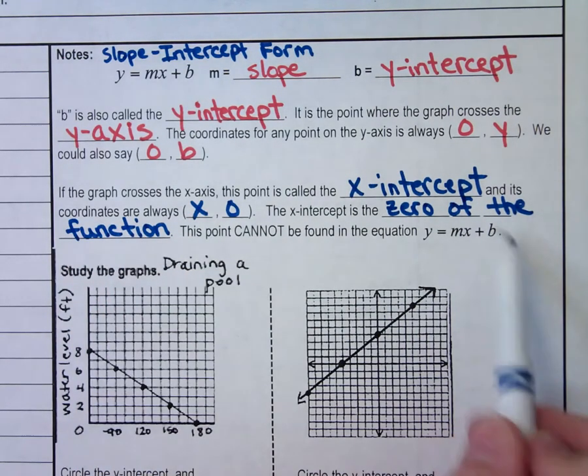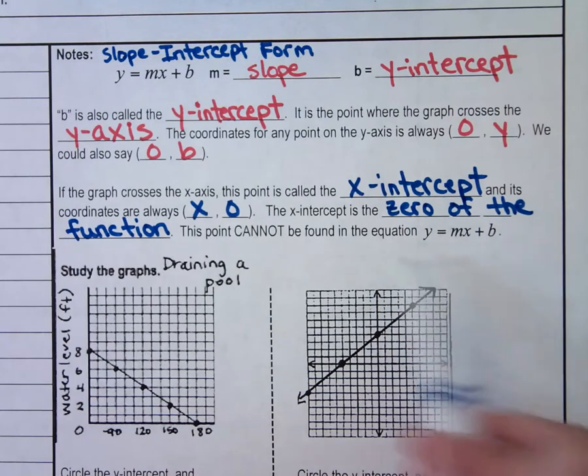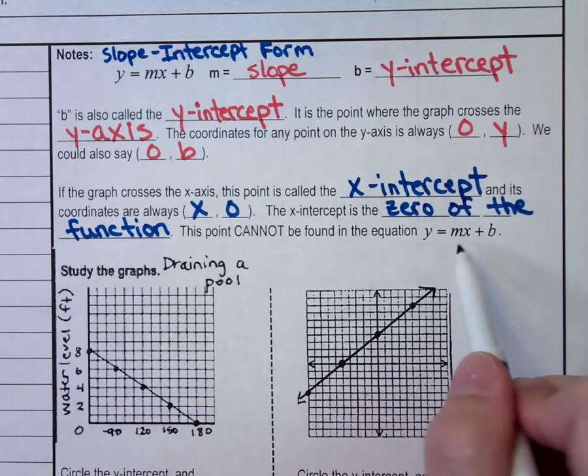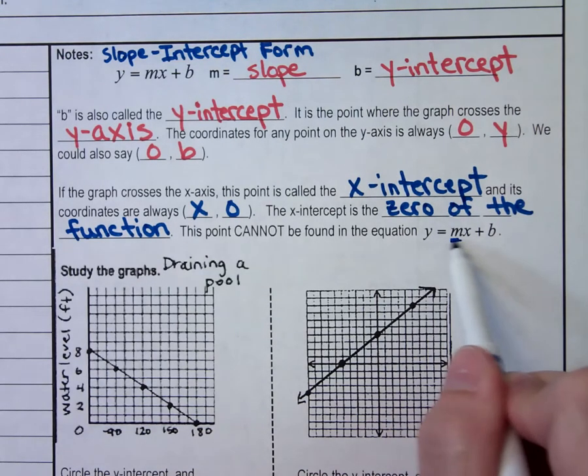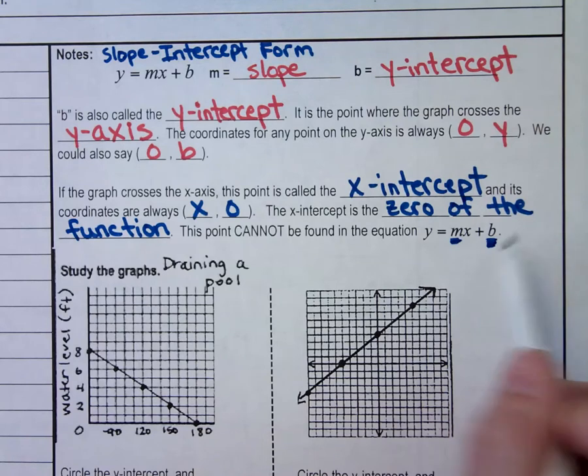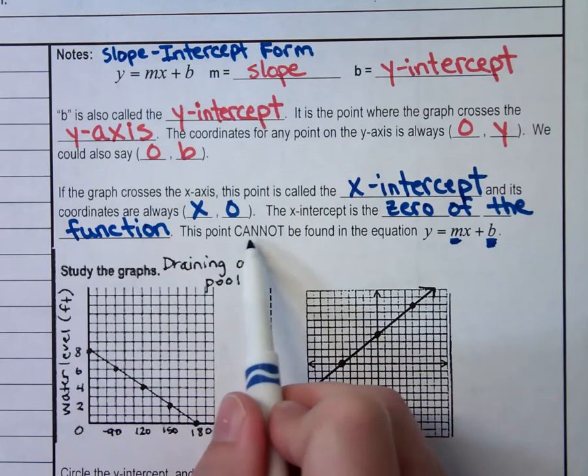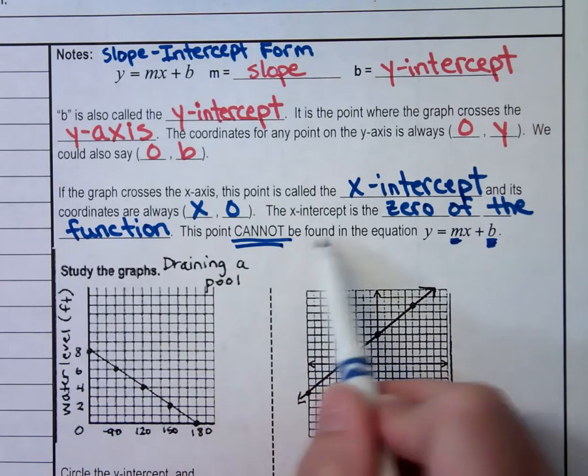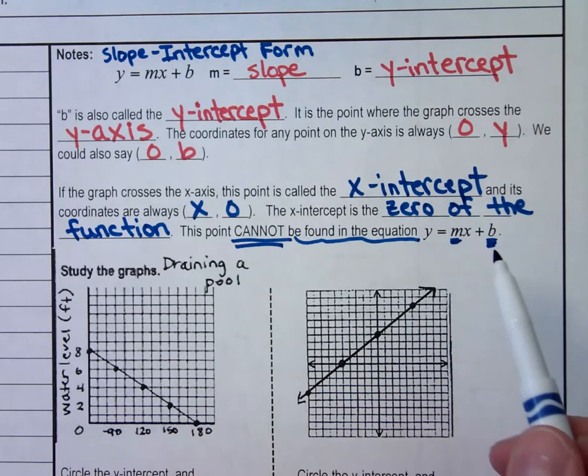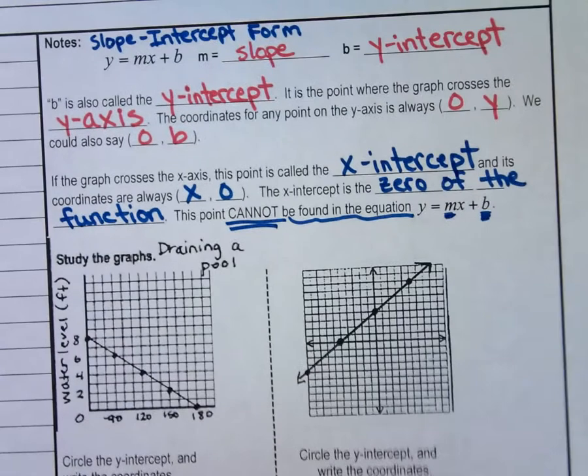And when you're talking about the equation y equals mx plus b, you do not see the x-intercept in this equation. The only thing you see in this equation is the slope and the y-intercept. You do not see the x-intercept, so the x-intercept cannot be found in this equation. Okay, so I'm just going to go back to my board for a second.